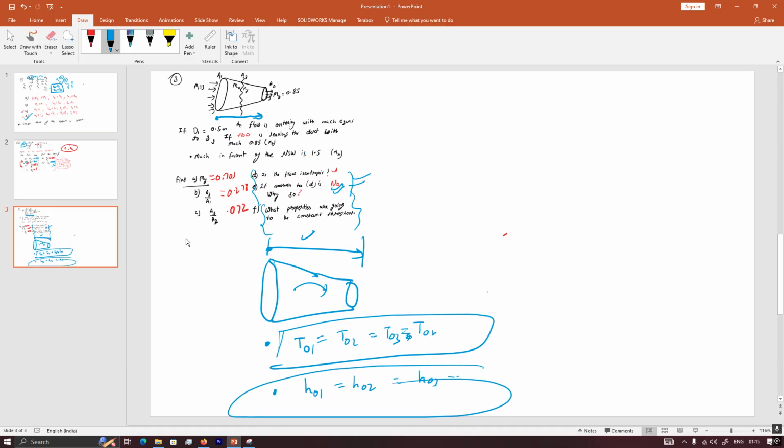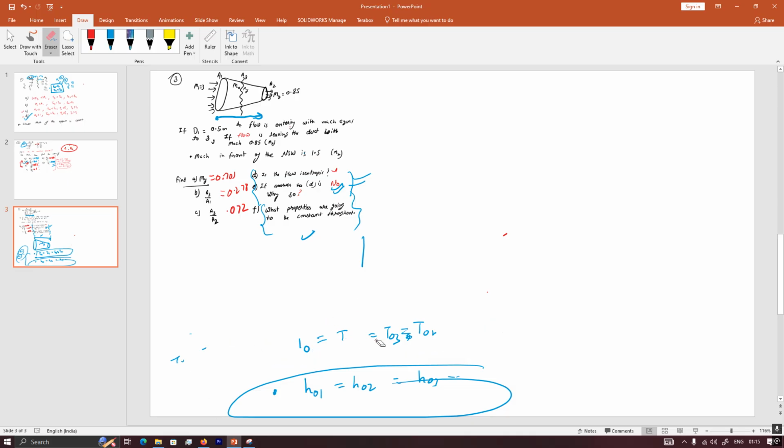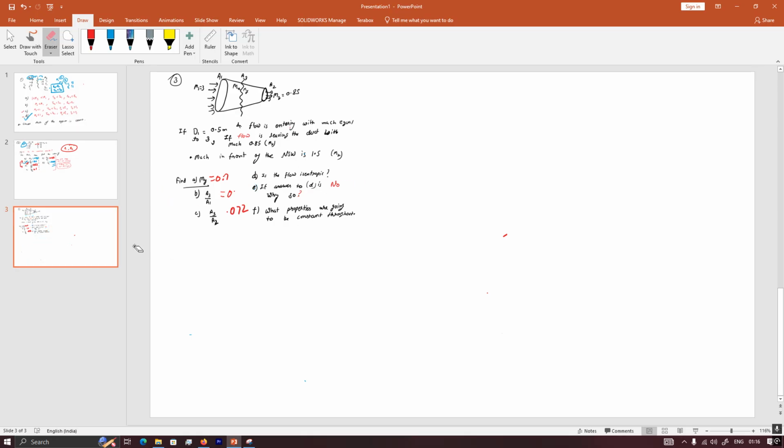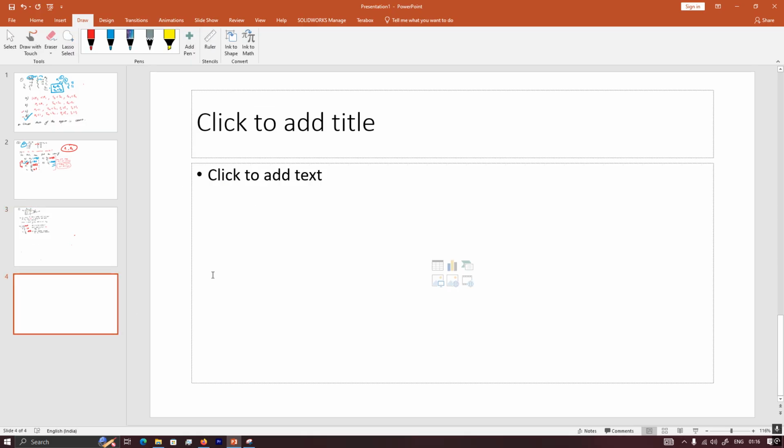So these two properties, total enthalpy and total temperature, are going to be constant throughout the nozzle. So all the questions are completed for the third question as well.